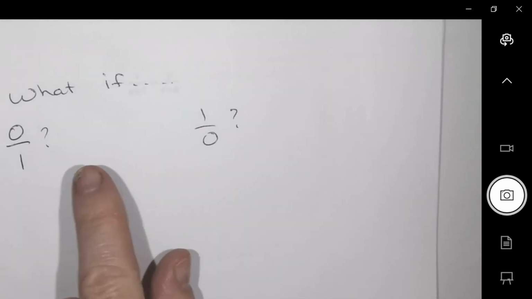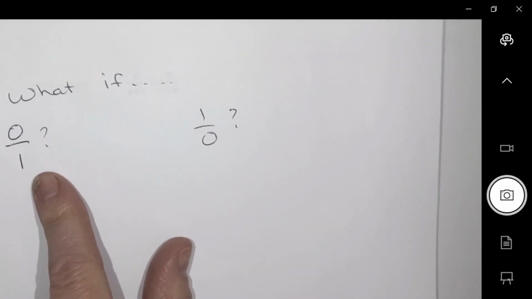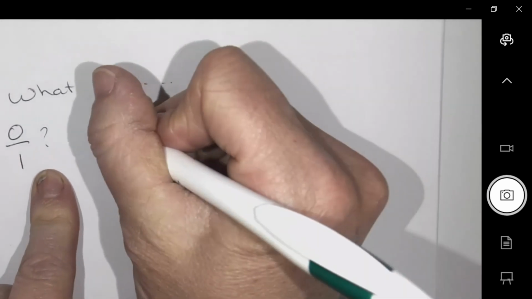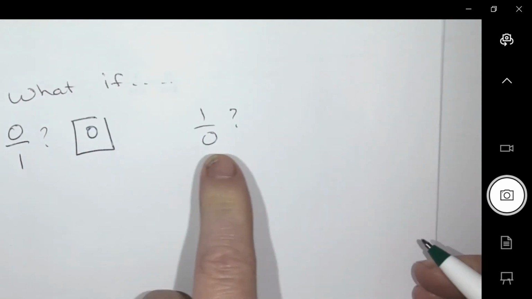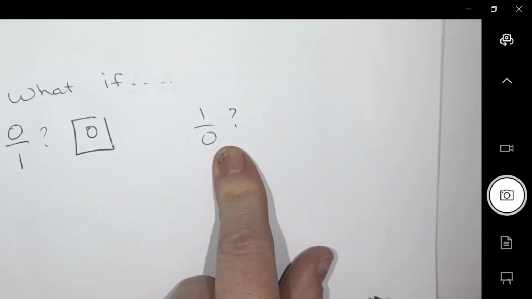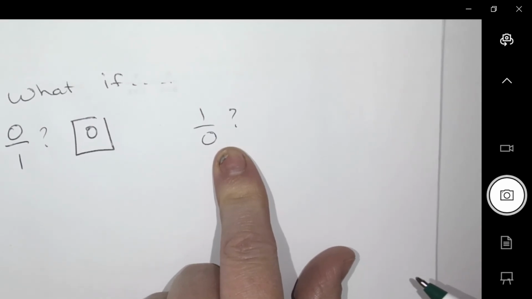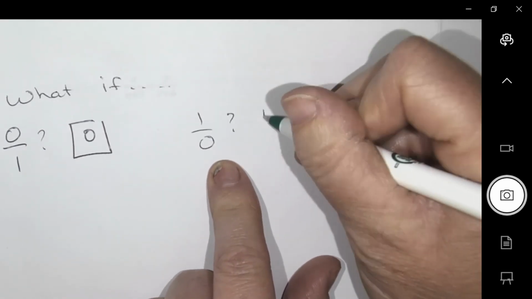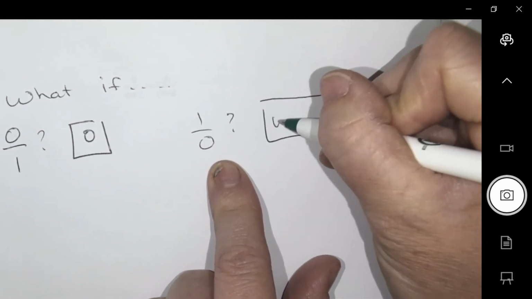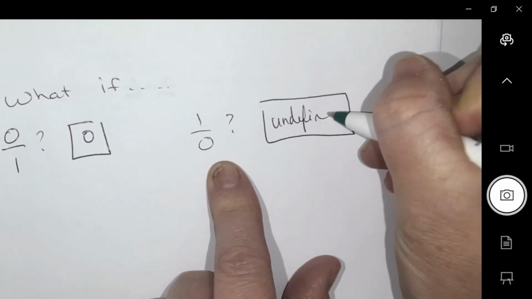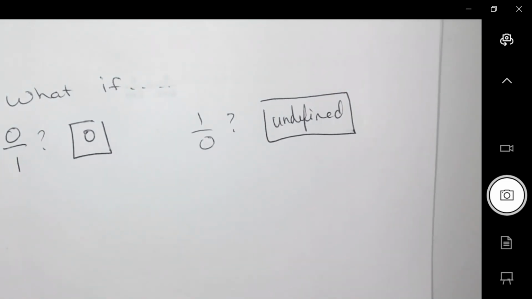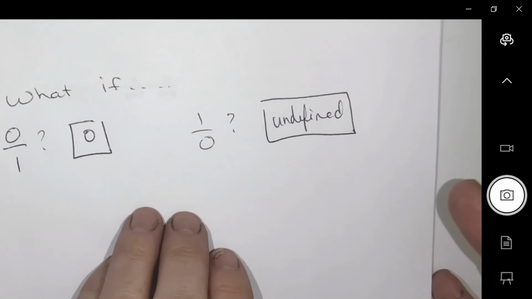What would you write me if this was what you were getting? You would write me 0. What would you write me if this was what you got? Undefined. Yeah, good word. Okay, it's not a no solution, it's undefined, right? Do you understand the difference of when to write each one?